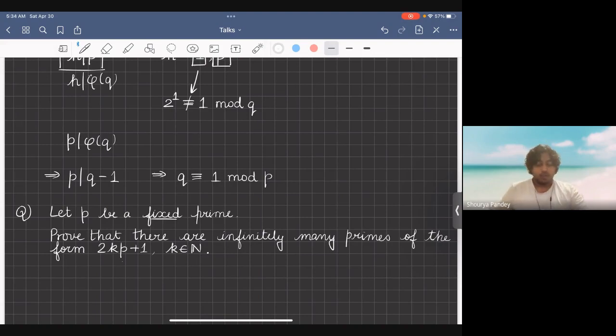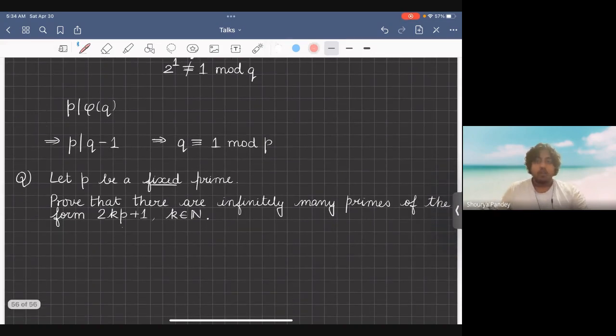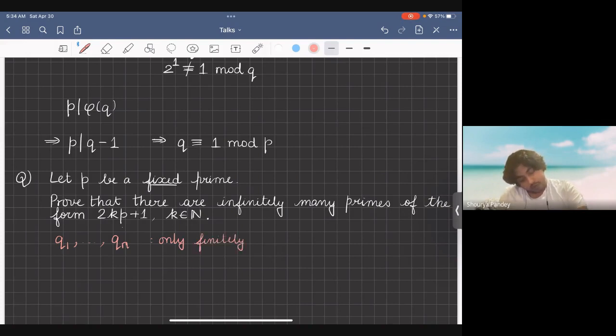So Anurag started out with Euclid's idea for contradiction, which was tried by someone in the chat as well. Suppose there are only finitely many such primes. Now, what was Euclid's proof of the infinitude of primes?